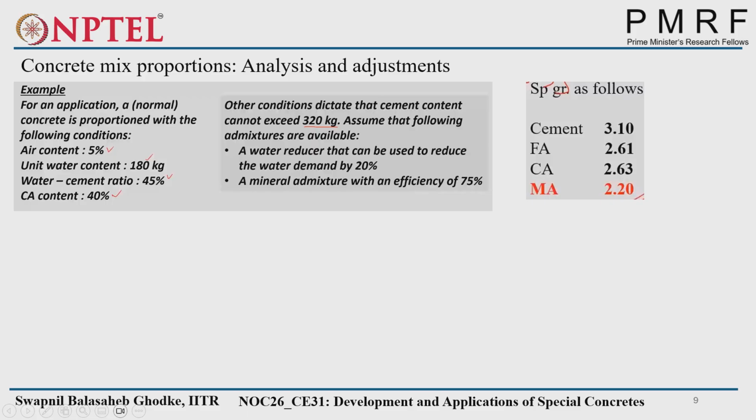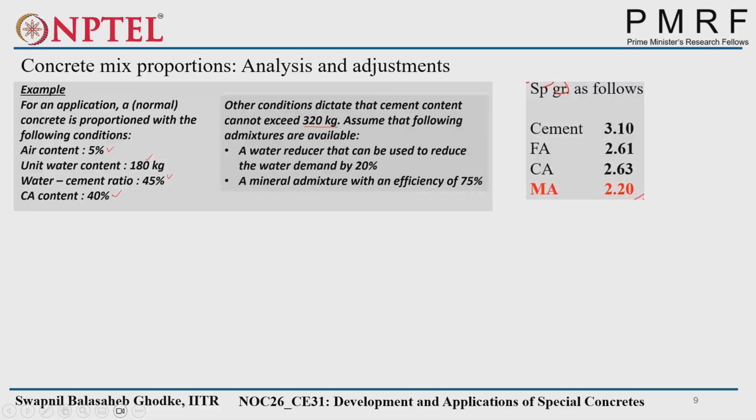Similarly, we can replace cement with any type of mineral admixture. What mineral admixtures are there? Fly ash, silica fume, then GGBS or rice husk ash, like that. Their inclusion is mainly dependent on their efficiency.